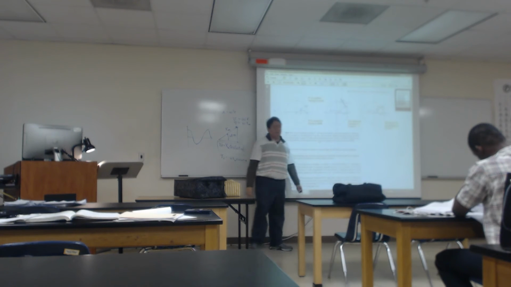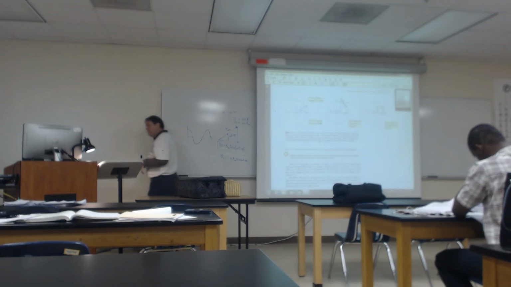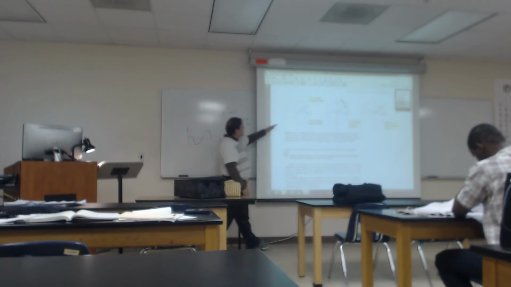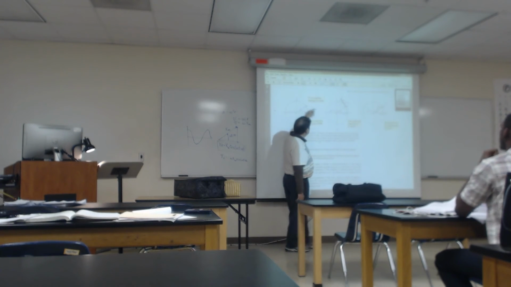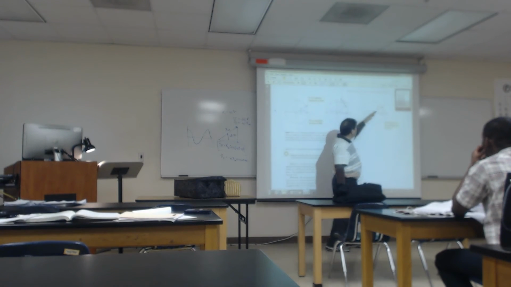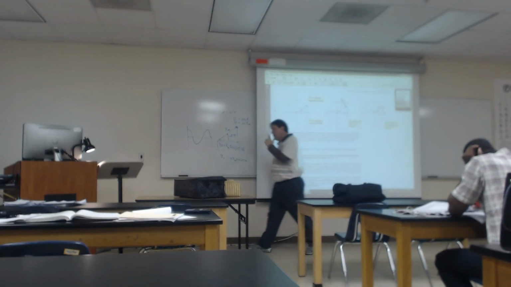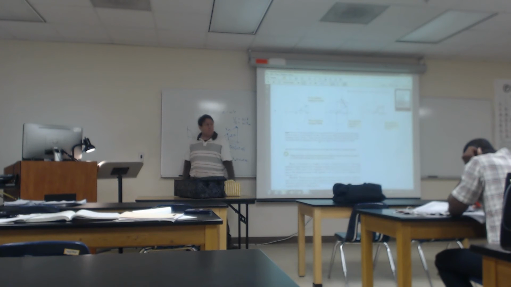Well, anyway, they're just showing you that for a particle moving in a circle, it's the projection of its position, its velocity, and its centripetal acceleration. The projection on the x-axis is equivalent to a simple harmonic motion.